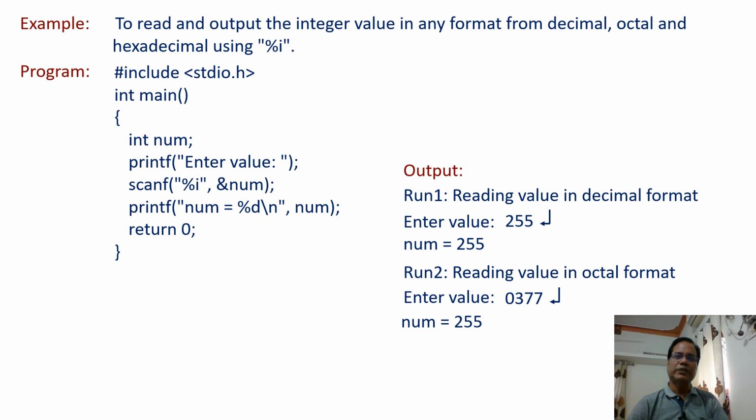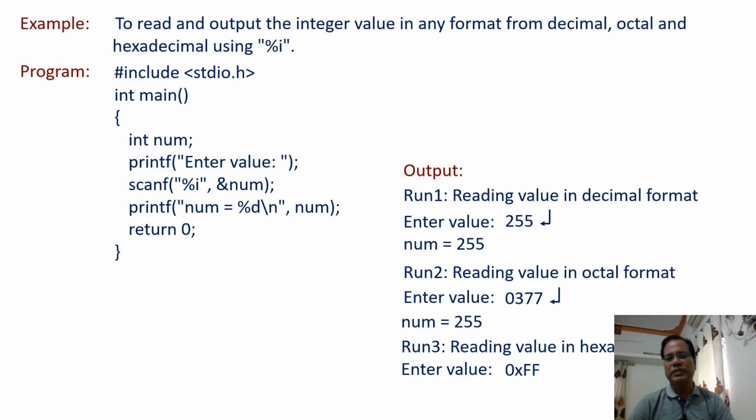Suppose we are running this program a third time, and this time we enter a hexadecimal number. Again we have to remember the correct format of the hexadecimal number. If we enter the hexadecimal number like this one, 0xff, the 0x indicates that the following number is a hexadecimal number.